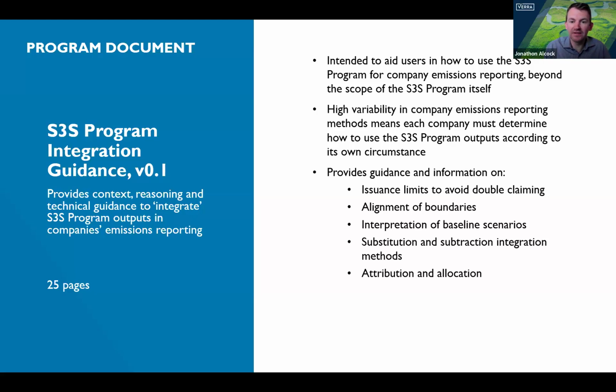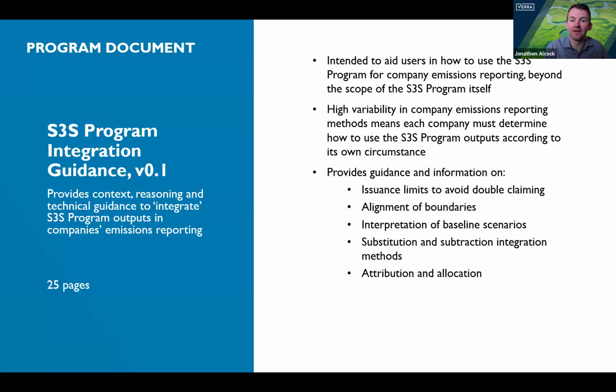So the guidance provides information on issuance limits that help to avoid double claiming, how to align boundaries between the information in the units and a company's emissions reporting boundaries, how to interpret baseline scenarios and match those with how a company's emissions report is put together. It describes two different integration methods, substitution and subtraction.